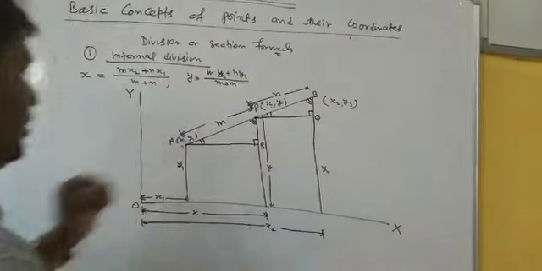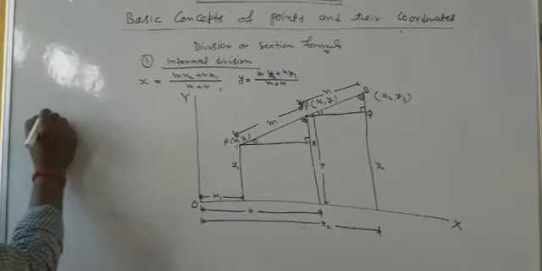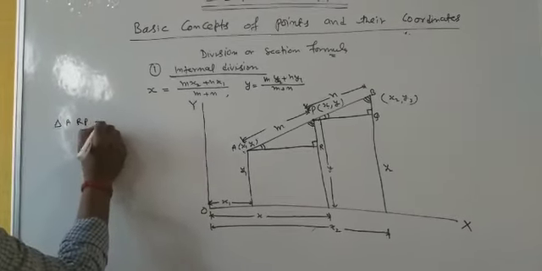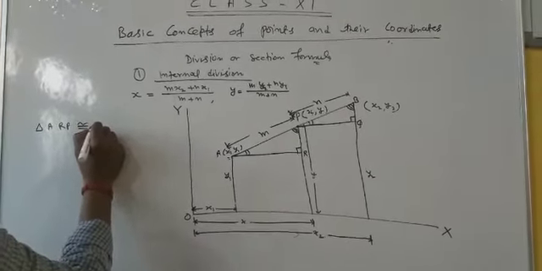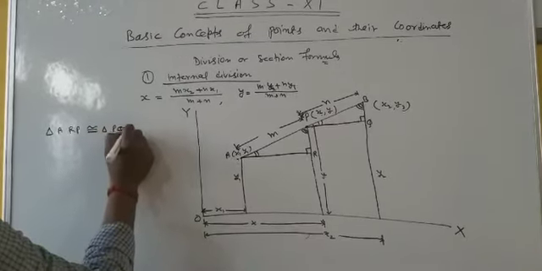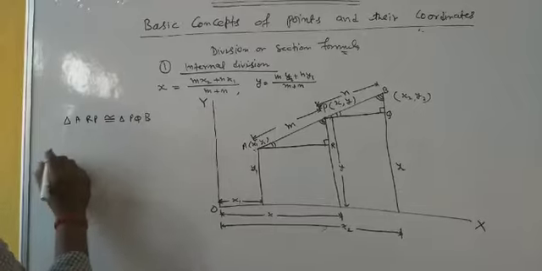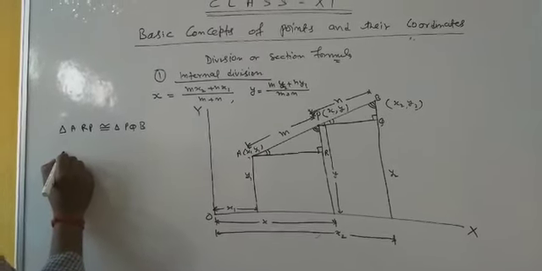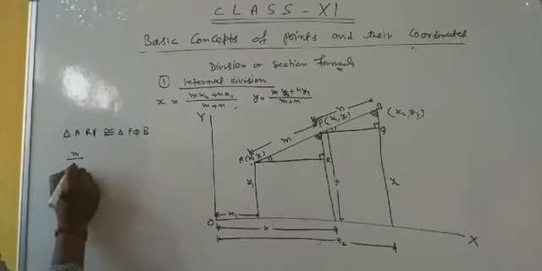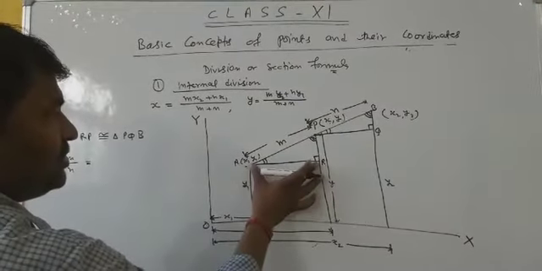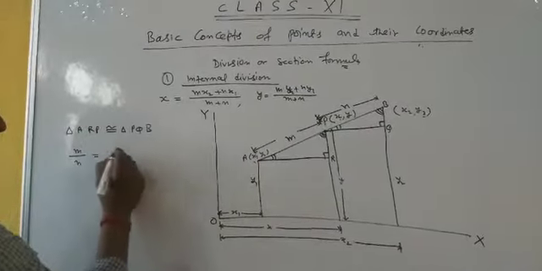Hence triangle ARP is similar to triangle PQB. By the property of similarity, m by n is equal to this base over that base.